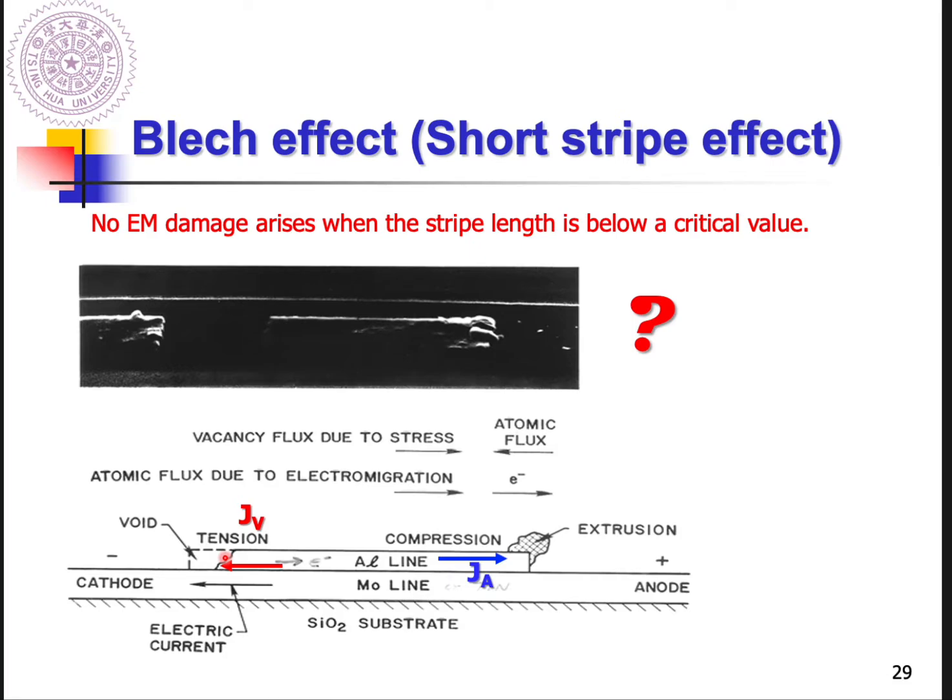So after a longer time, what do you think? Probably you expect the extrusion to get worse and worse, and the void to get larger and larger. However, scientists observed one very interesting thing: if this aluminum line gets shorter, they do not observe the extrusion or the void.